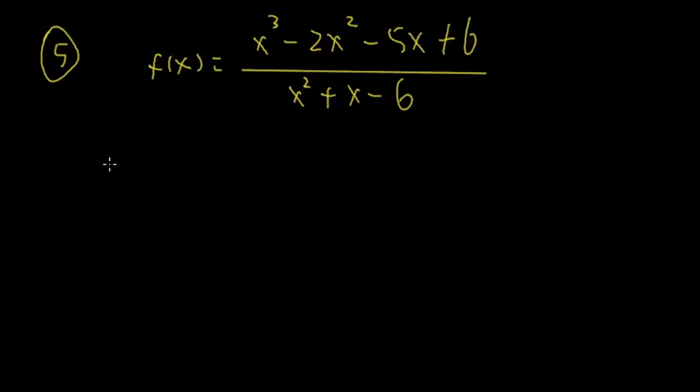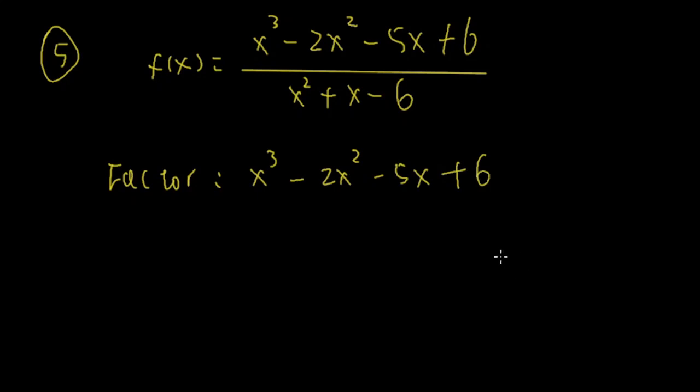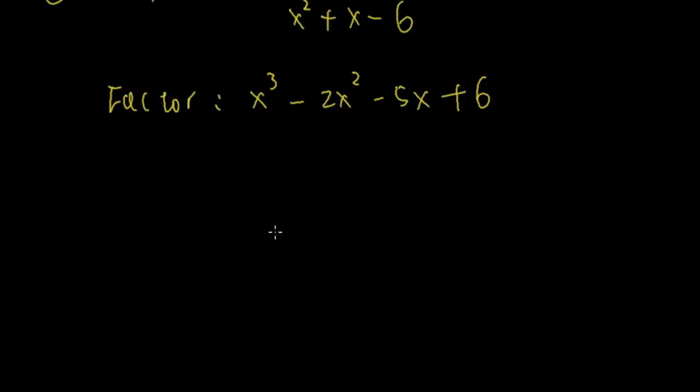Now, first, factor the numerator. So we will factor x cubed minus 2x squared minus 5x plus 6. How do I factor this? First of all, find the divisors of 6: plus or minus 1, plus or minus 2, plus or minus 3, plus or minus 6.